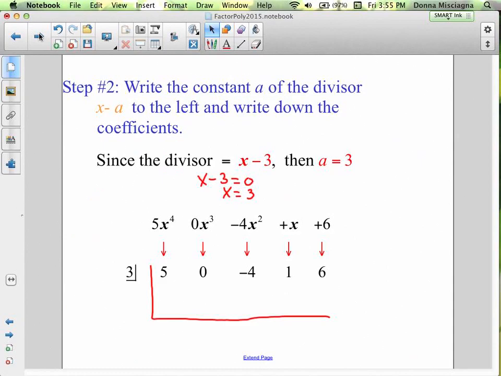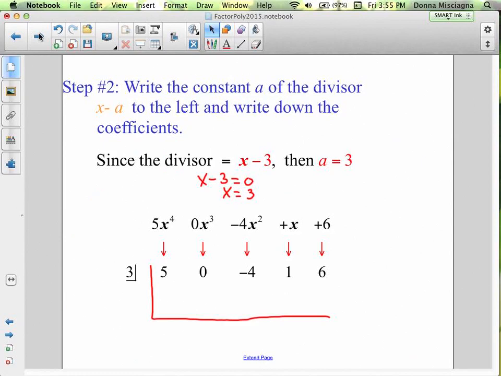We write the constant a of the divisor to the left, outside our little box here. In other words, you set x minus 3, your divisor, equal to 0, and solve for x. So since the divisor is x minus 3, 3 is what we're going to be working with. And then we write our equation with just the coefficients. We leave off all the variables.